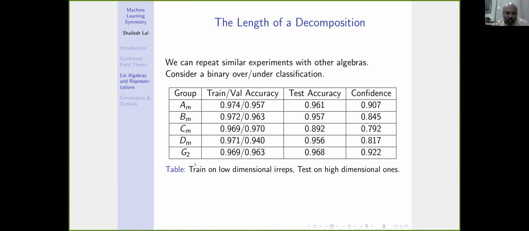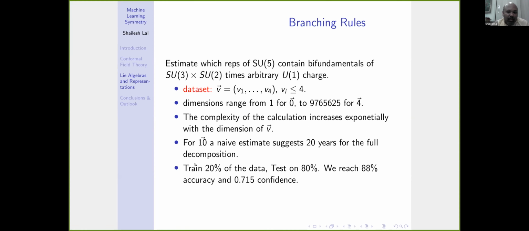Right. So the last thing that I'll be talking about is estimating branching rules, and I'll do it for SU5. You have some representations of SU5. Which of these representations, if you break them down into representations of SU3 times SU2 times U1, contain bifundamentals times an arbitrary U1 charge?